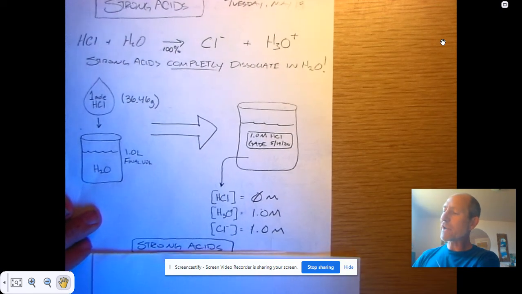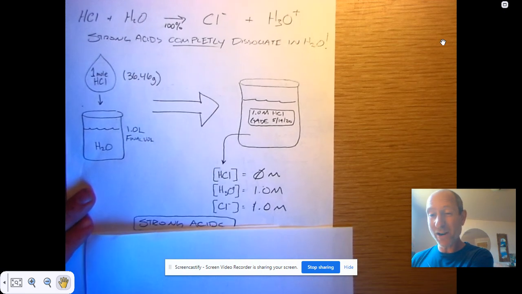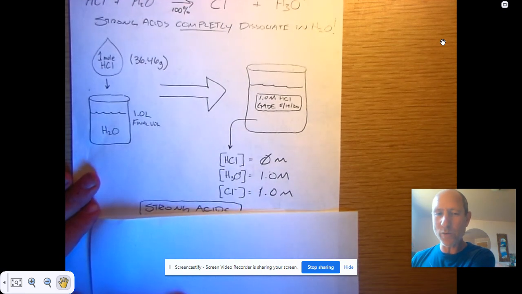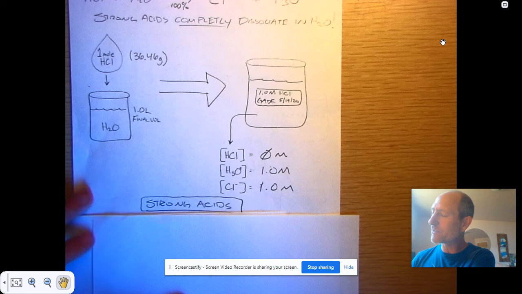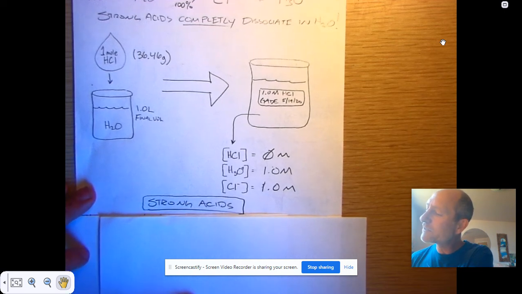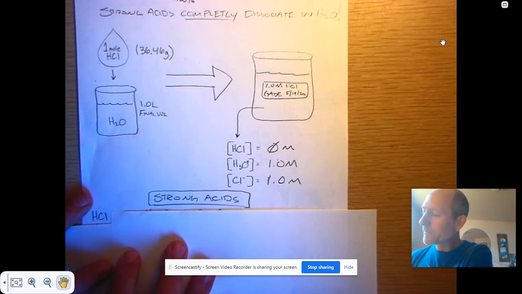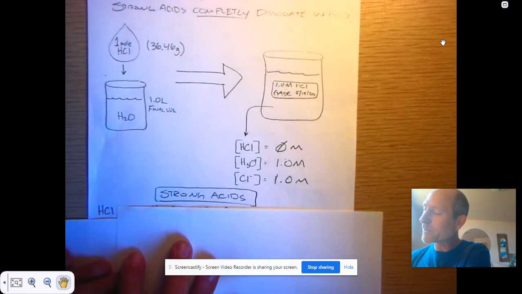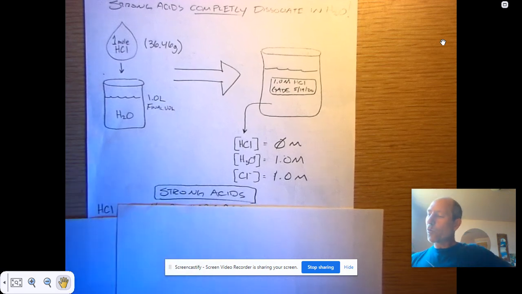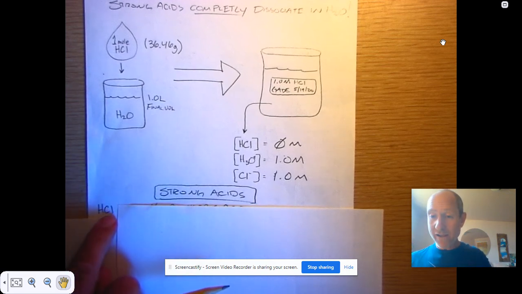So strong acids: in college, you're going to have to memorize which ones are the strong acids and which ones aren't. I'm not going to make you guys do that because there's no need to, but I'll just show them to you anyway. So HCl, because this is good practice for us. What's the name for this? Well, the anion determines how you name the acid.